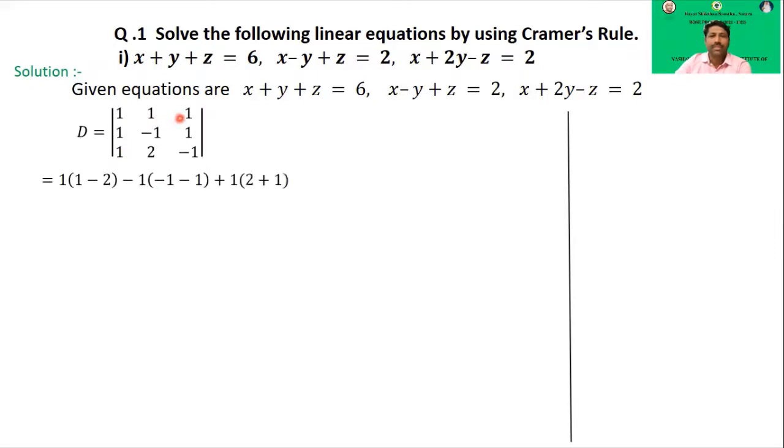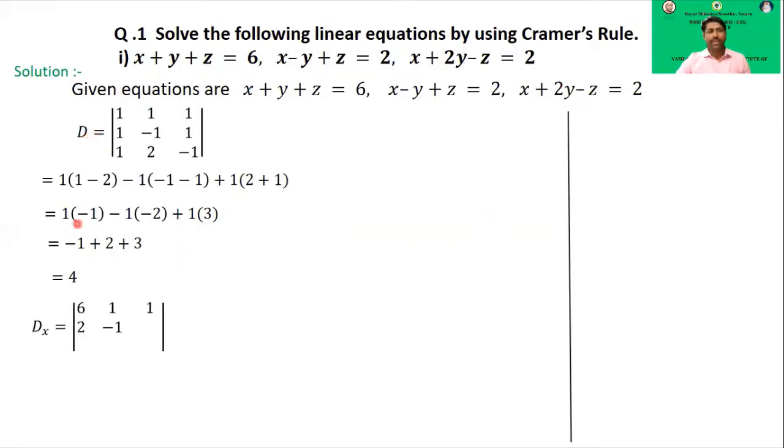We expand this determinant by first row, our usual expansion. That is 1 into (1 minus 2), minus 1 into (minus 1 minus 1), plus 1 into (2 plus 1). Look, every time there is no need to explain the expansion of the determinant; now you are familiar with how to expand the determinant. So this is minus 1 plus 2 plus 3. So d is 4.